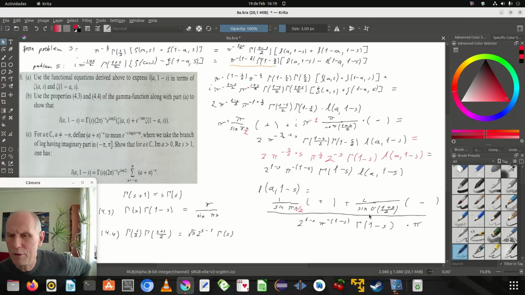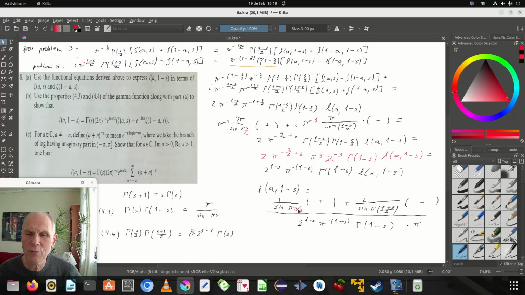This of course gives a cosine of pi s, but my idea was to write this as another product of this kind, because we can, what can we do? We can always add a factor 2 pi or minus pi and then change sign.